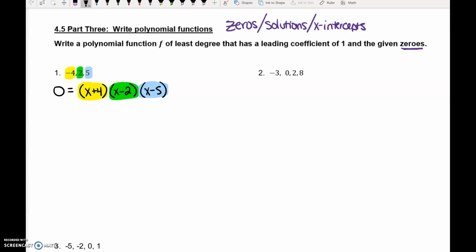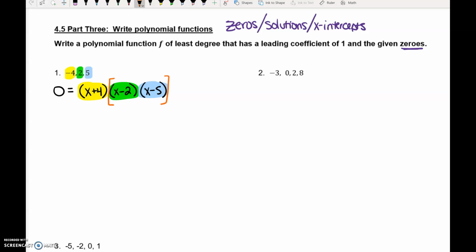So this was the factored form. They want the full polynomial, like x cubed and so on. So we need to multiply this out. I would suggest that you multiply 2 of these binomials together, then multiply the third binomial into that.